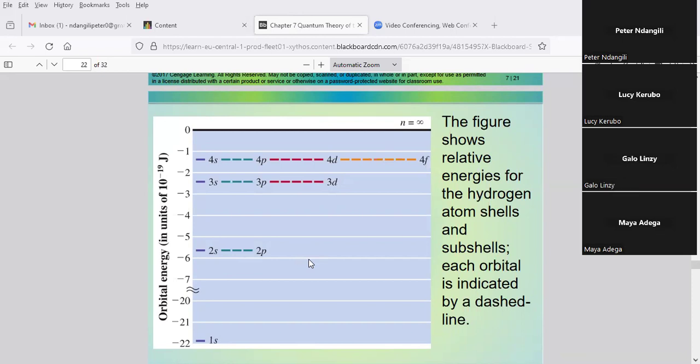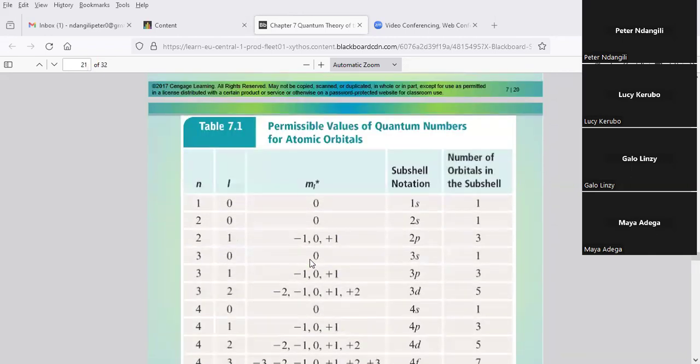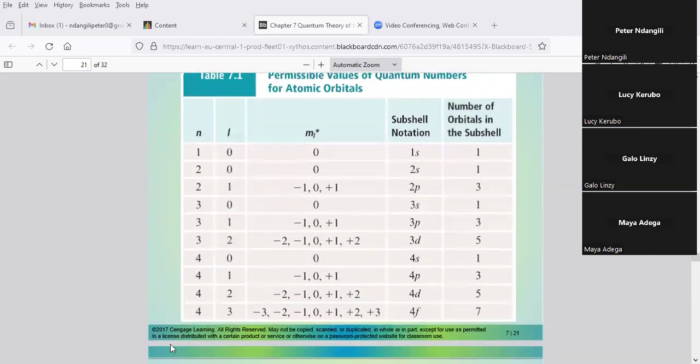Excuse me, sir. Would you go back to the previous image kindly? There is something weird. Probably I have not gotten it very clearly. L is equal to n minus 1. That is okay for the first row, but when we start a new row, n minus 1 doesn't really apply for L. For example, for n equal to 2, n minus 1 will be 1, so I would expect L to be 1.